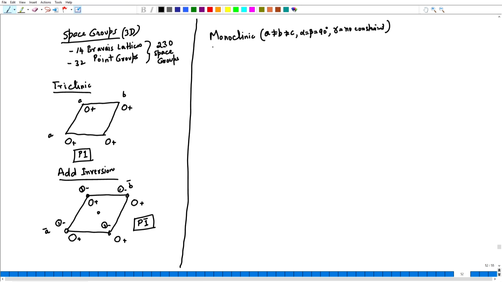Now, I have two possibilities with the monoclinic. I have simple monoclinic and I have end centered monoclinic.